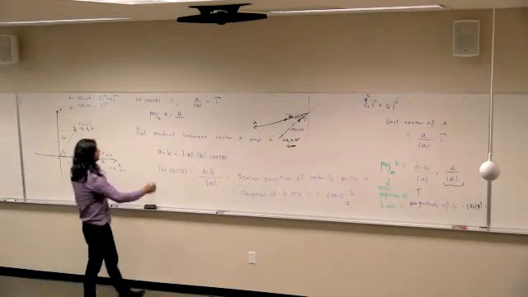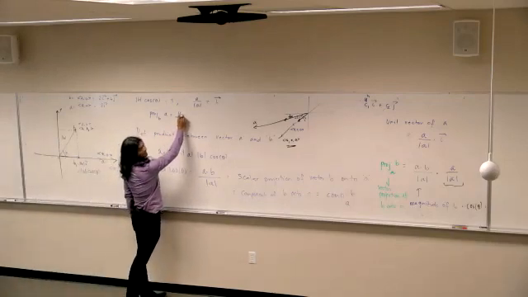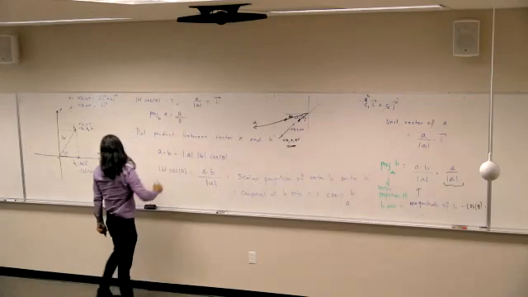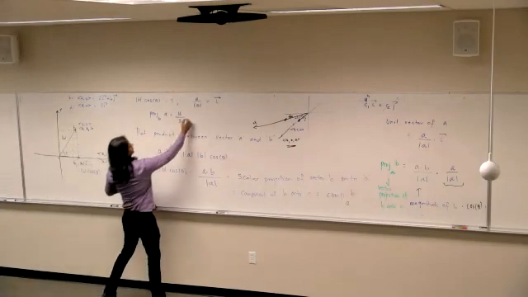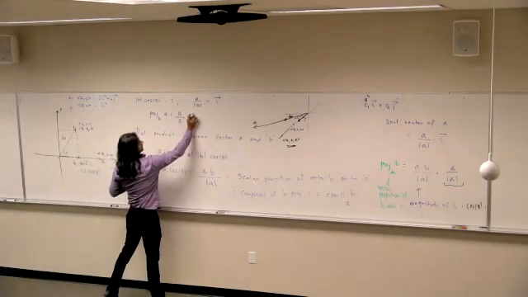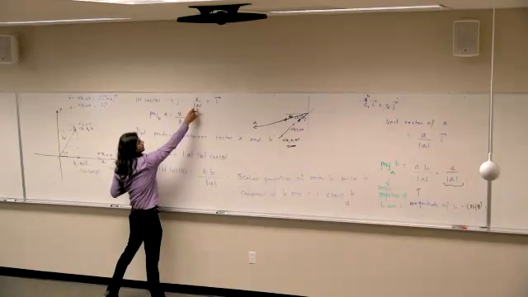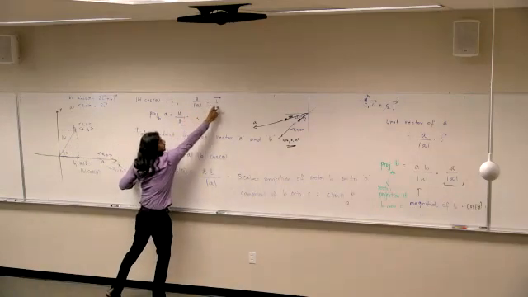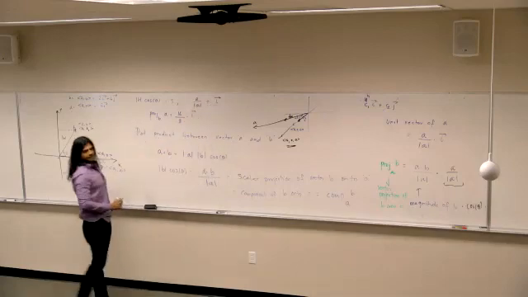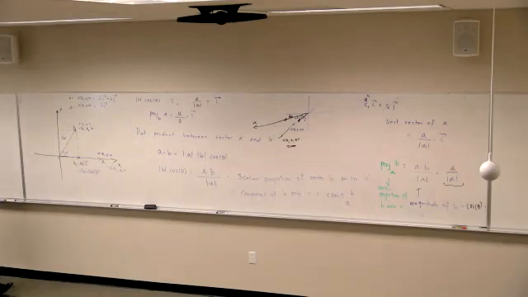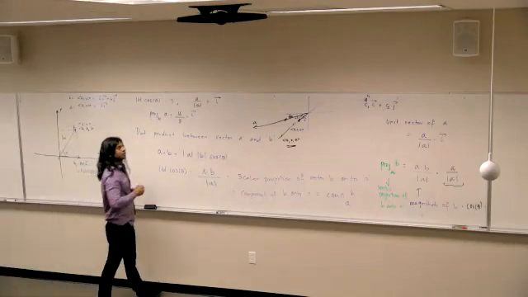A is a vector, and we normalized it by its magnitude. We ended up getting i vector. And what is 16 over 8? 2.